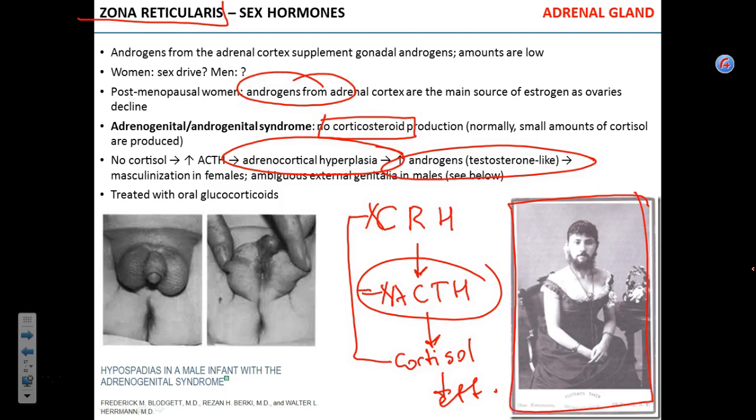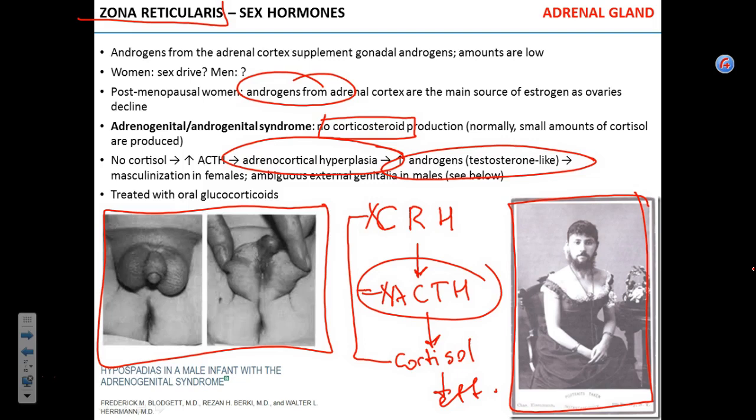Facial hair, okay, more solid bones, okay. In males, interestingly enough, it will lead to hypospadias, ambiguous genitalia.